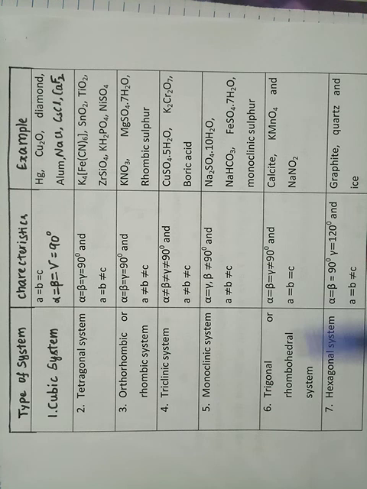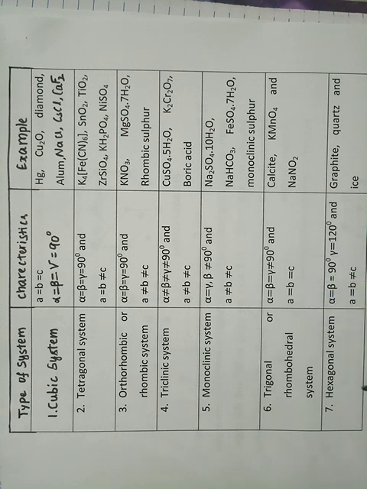In the trigonal or rhombohedral system, the angles between the axes, alpha is equal to beta and beta is equal to gamma, are not equal to 90 degrees, but all the intercepts are equal in length.